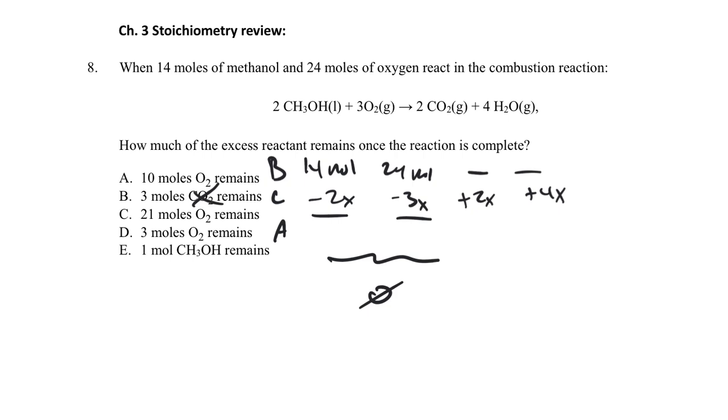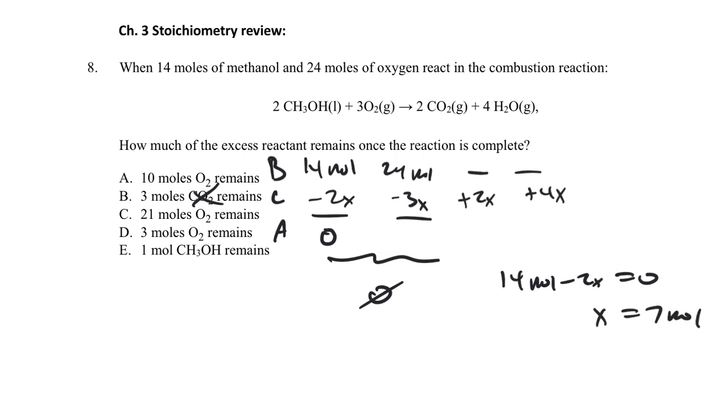With the BCA chart, you could ask, if it's methanol that runs out, how much of the O2 would remain? If this one goes to 0, we can solve for x. Negative 2x equals negative 14, so x would be equal to 7 moles.